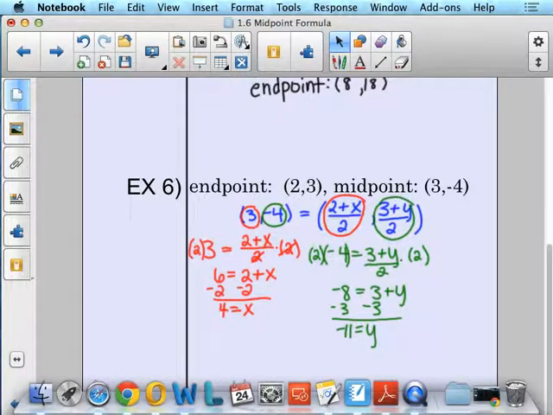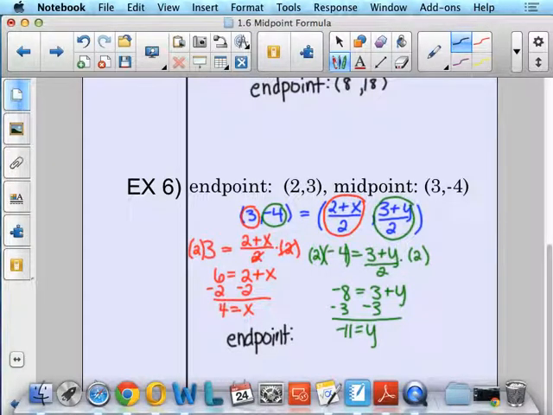Okay, and again, we're looking for an end point. So my end point, the coordinate is 4, negative 11.